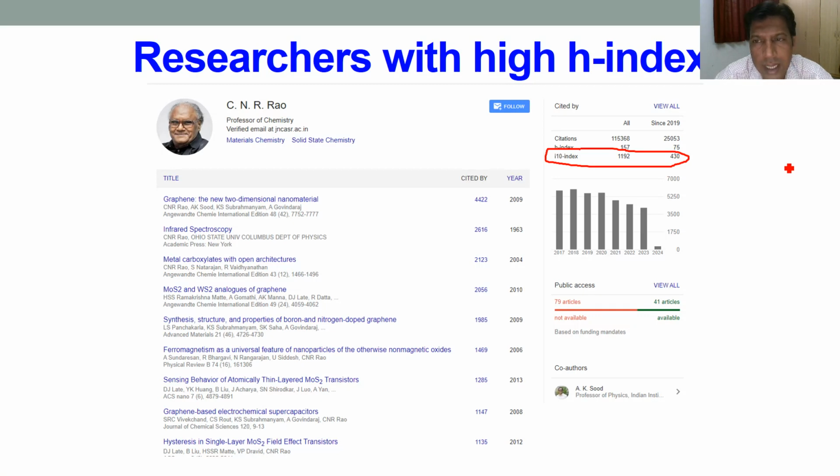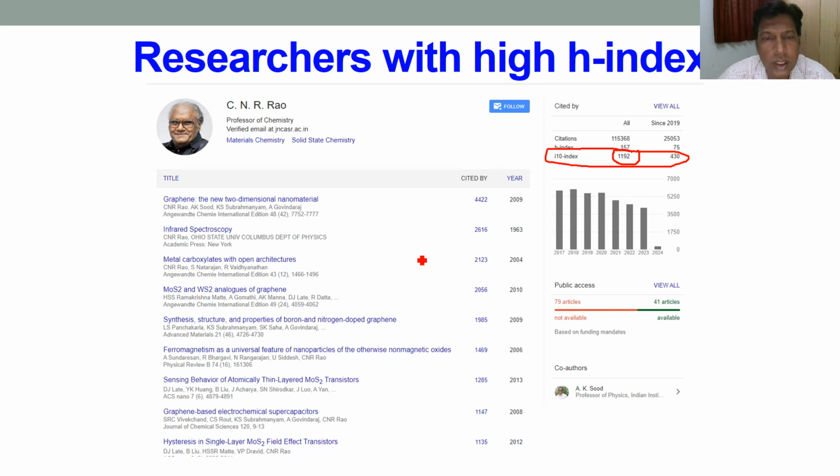It means if you look at the profile of Professor C.N.R. Rao, the i10 index is 1192. It means Professor C.N.R. Rao has 1192 papers which have citations more than 10.